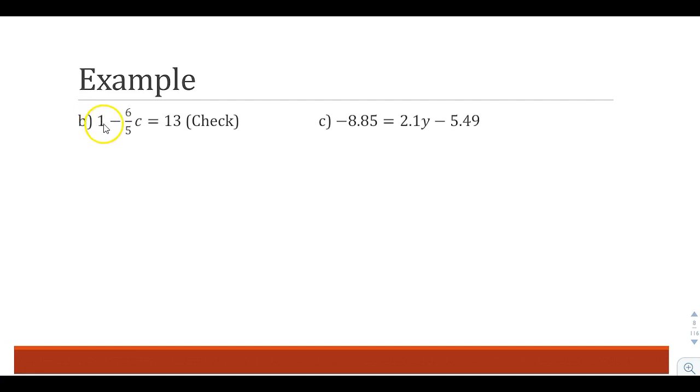And so since this is a plus 1, I'm going to have to subtract 1 from both sides. So I have minus 1, minus 1. So 1 minus 1 is 0. And so all we're going to have left is negative 6 over 5, c on the left, and 13 minus 1 is 12 on the right.